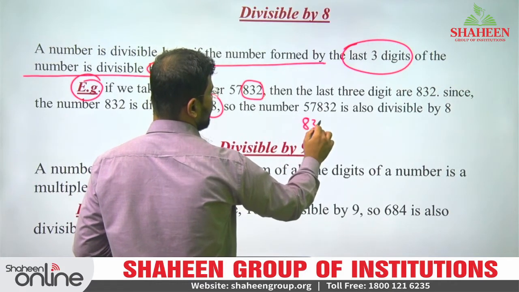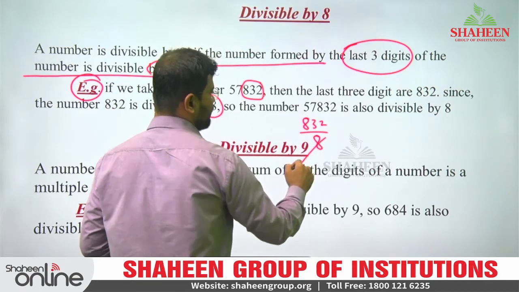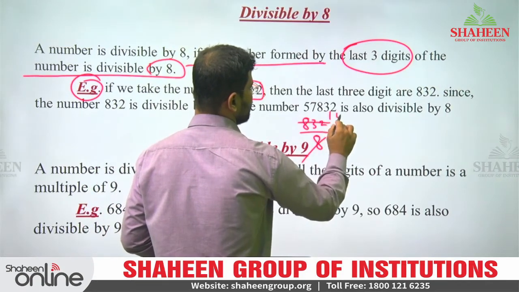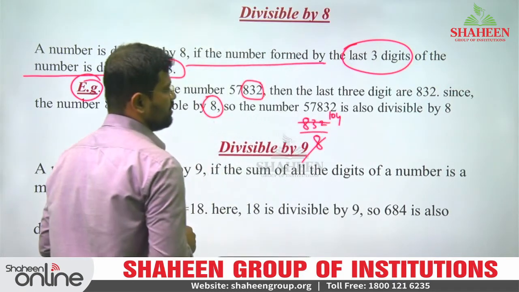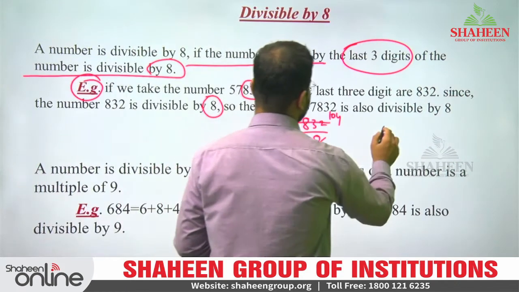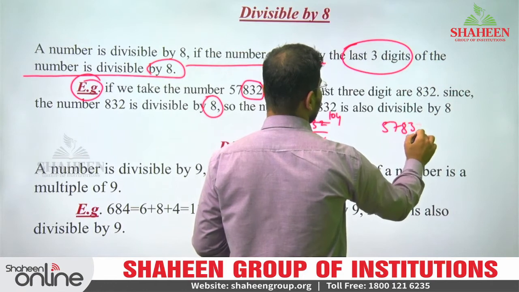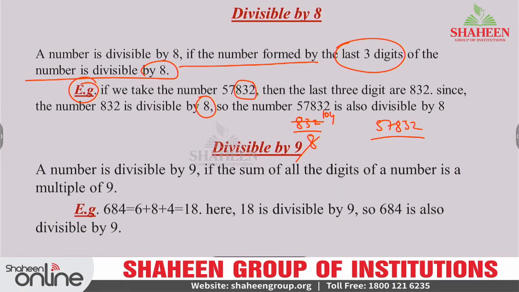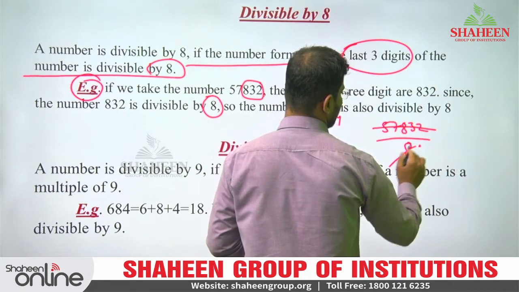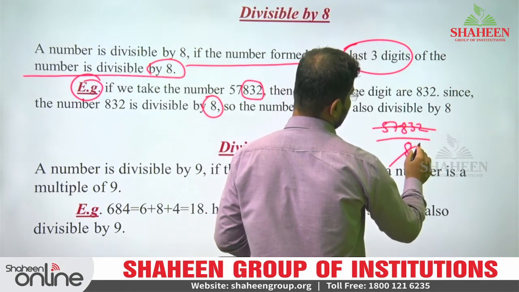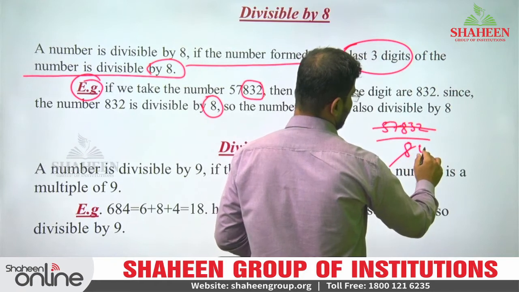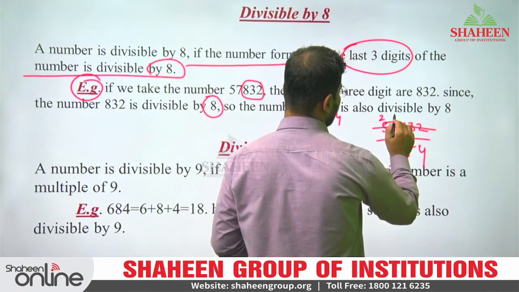Let us see, 832 divided by 8. Yes, it divides. Okay, fine. Now let me check 57832 divided by 8.